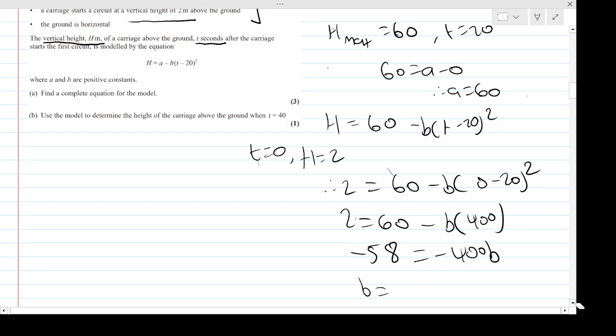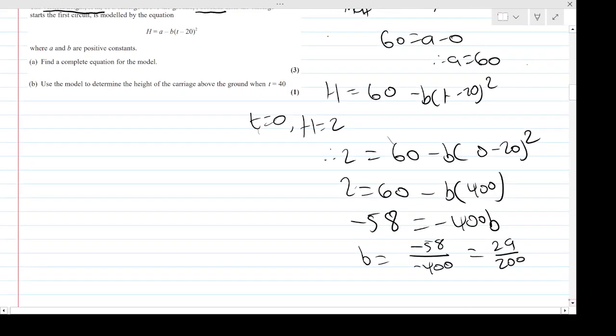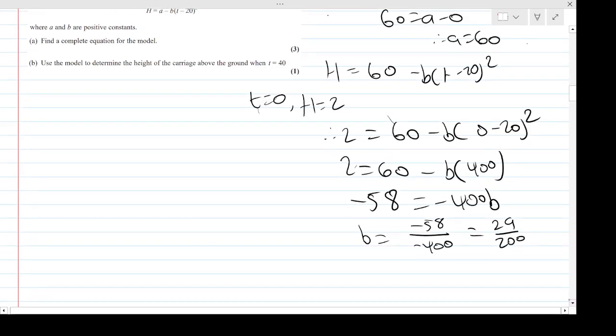So B is minus 58 over minus 400, and that will get me 29 over 200. It doesn't simplify any more. You could write it as a decimal, which is just 0.145, and that is fine. But I think writing it as fractions whenever you can isn't a bad idea.